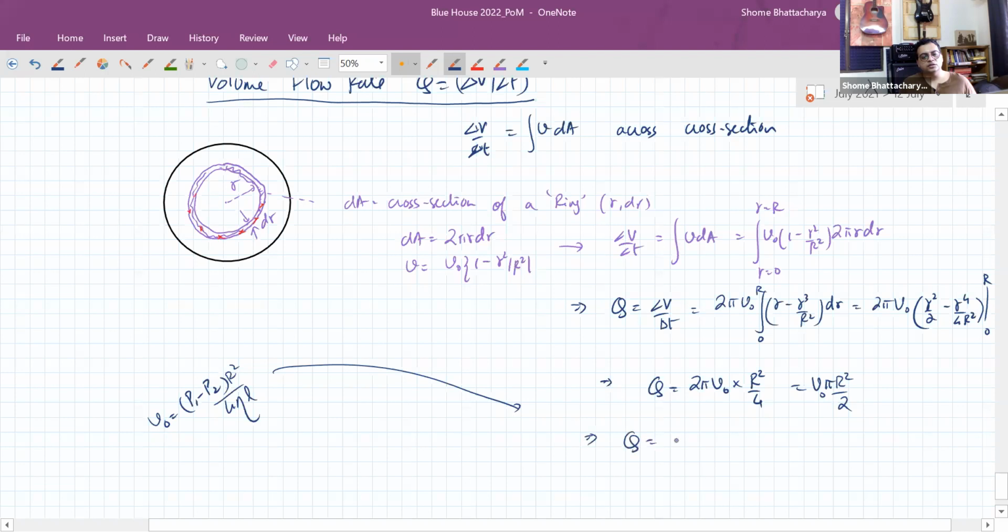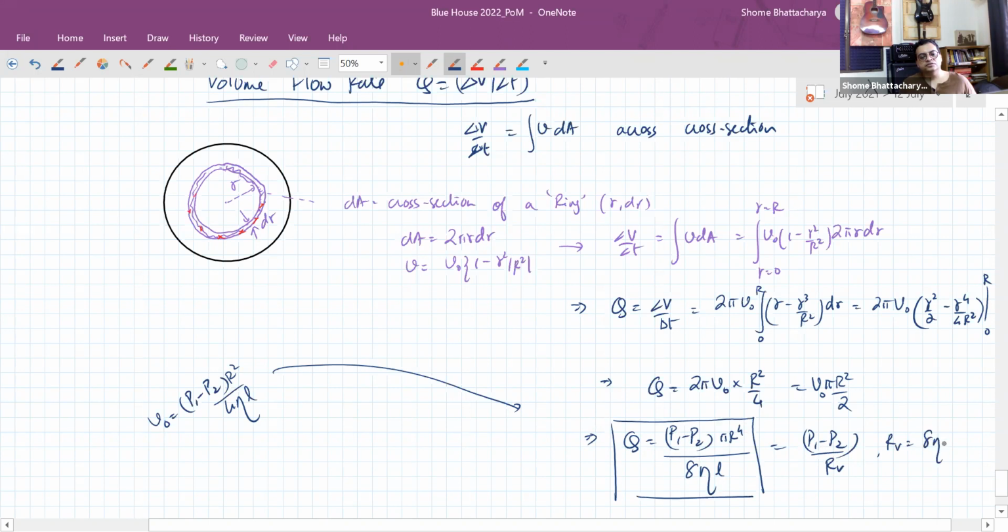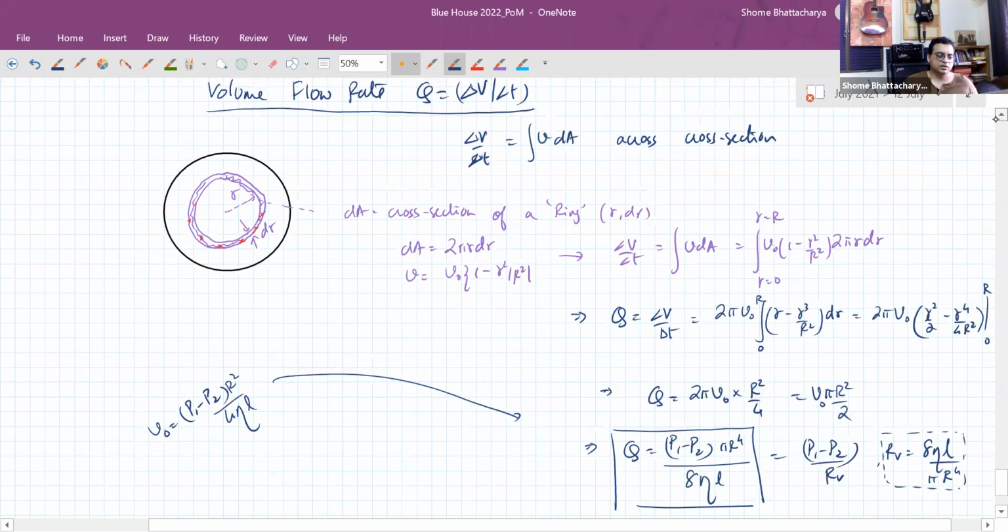So our volume flow rate is basically pressure difference divided by viscous resistance, where viscous resistance is this factor. So this is a nice practice of integration, but other than that, it's direct formula based in terms of questions.